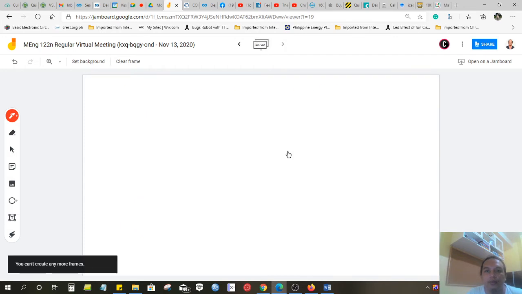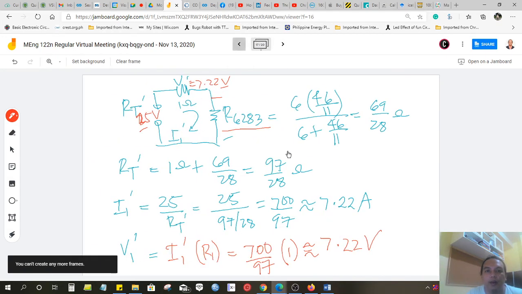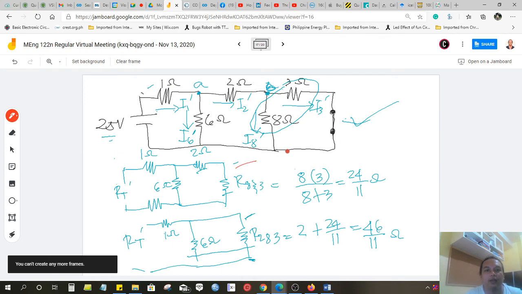Next, we will go back sa kani nga circuit, no? Kani nga side 2 and R 8 and 3. If we total the value of 2 ohms and resistance 8 and 3, in terms of voltage equal sila sa 6 ohm.